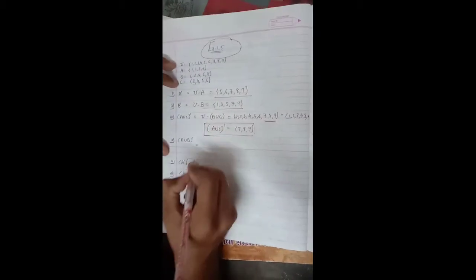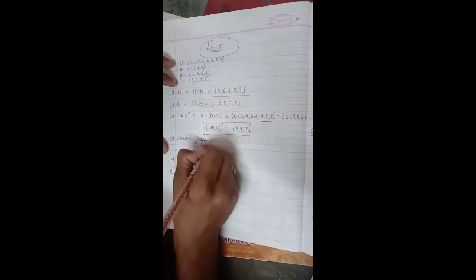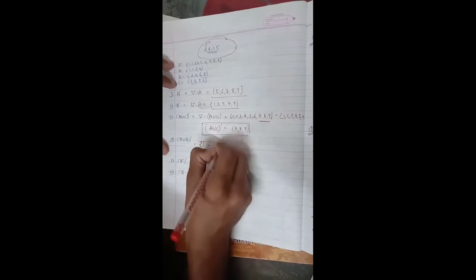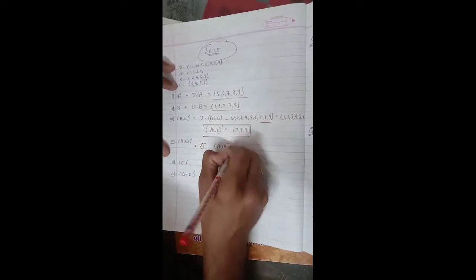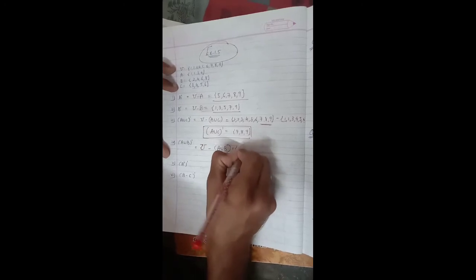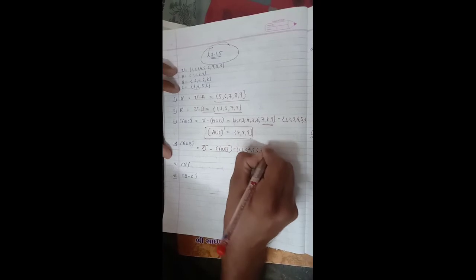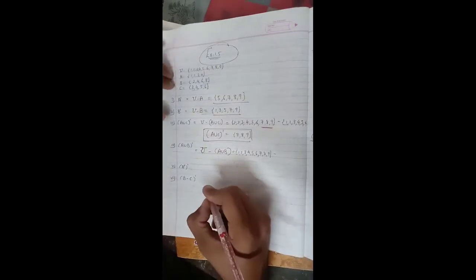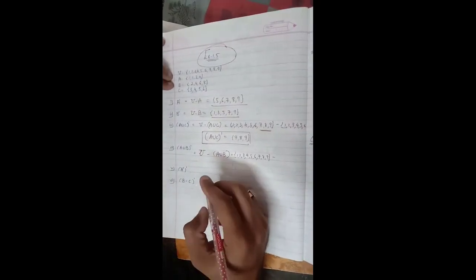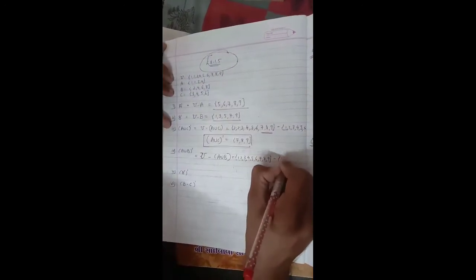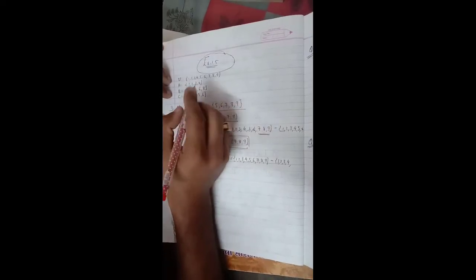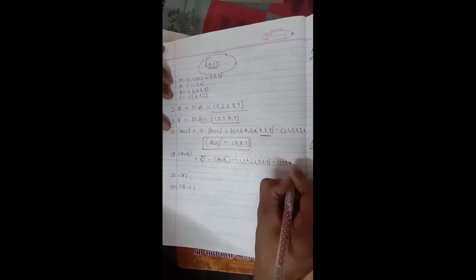Now A union B whole dash. So first, universal set minus A union B. First I write the universal set: 1, 2, 3, 4, 5, 6, 7, 8 and 9. A union B, all members of A and B, no need to write common members: 1, 2, 3, 4. 2 and 4 come in A, so no need to write 2 and 4. 6 and 8.